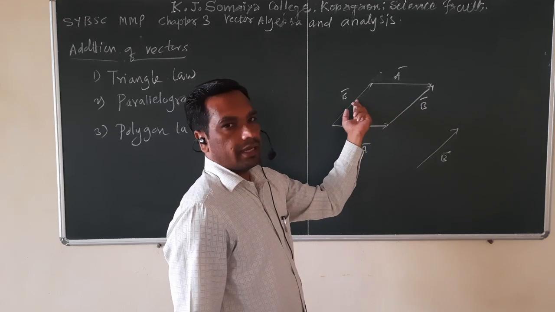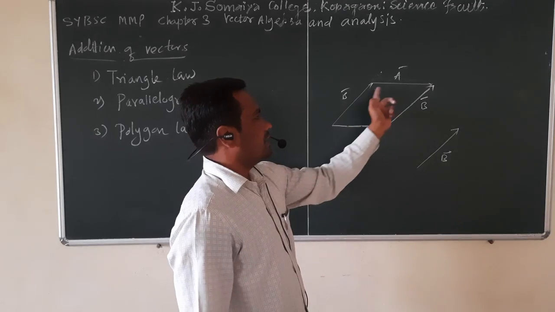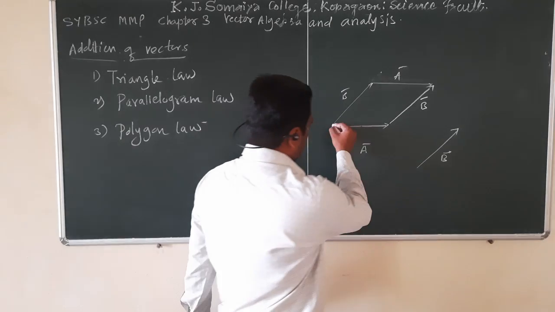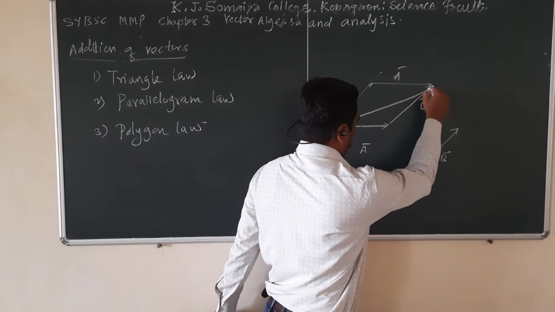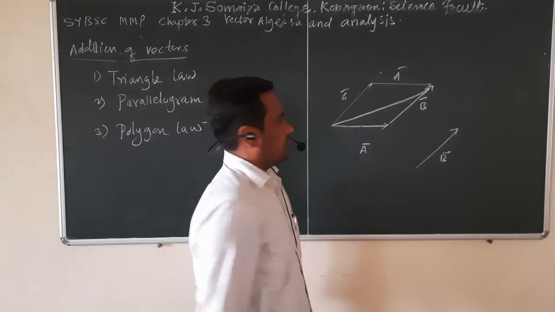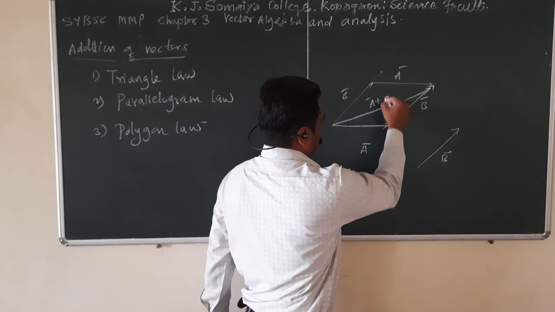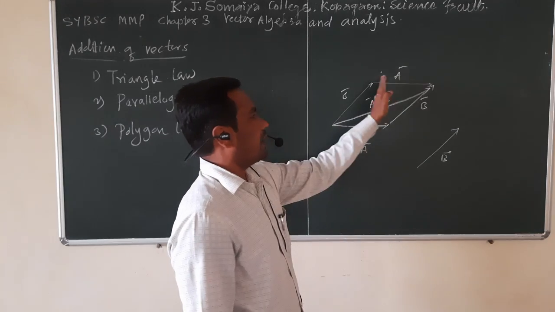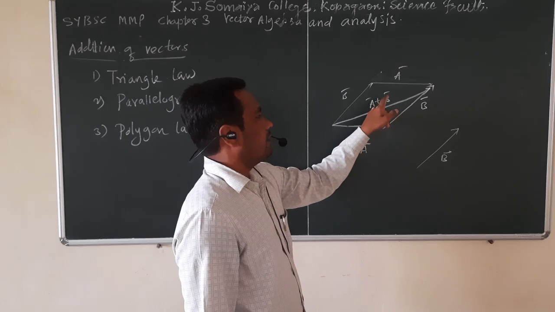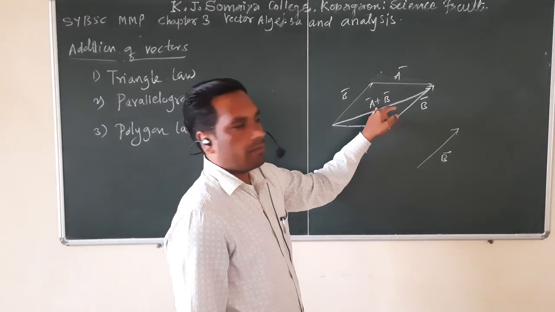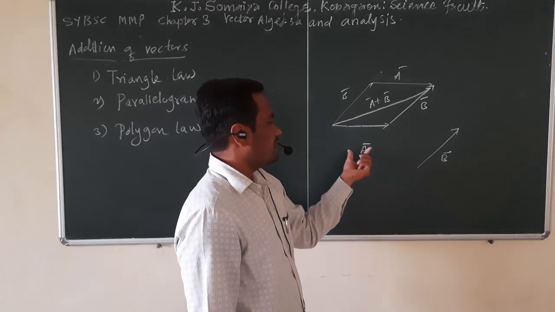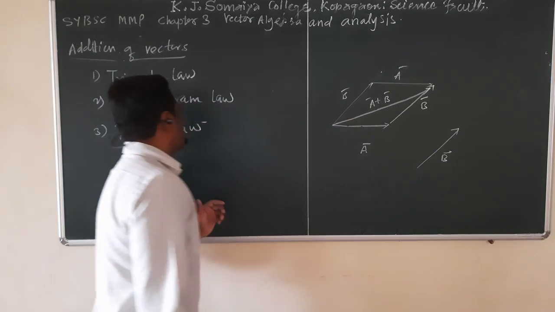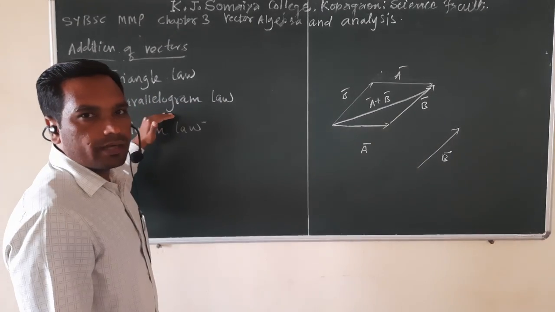Here we can see the shape of a parallelogram is formed. So take the diagonal of that parallelogram from the starting point of the first vector to the ending point of the other vector. So this is the resultant of vector a and b. Here we can see the parallelogram is formed, and the diagonal of that parallelogram shows the resultant vector, which is the vector addition of these two vectors. Okay, so in this way we can use the parallelogram law of vector addition.